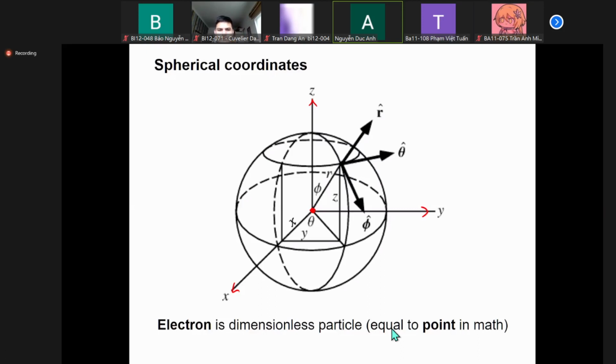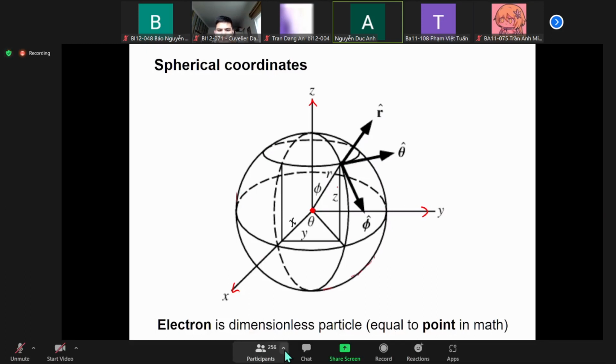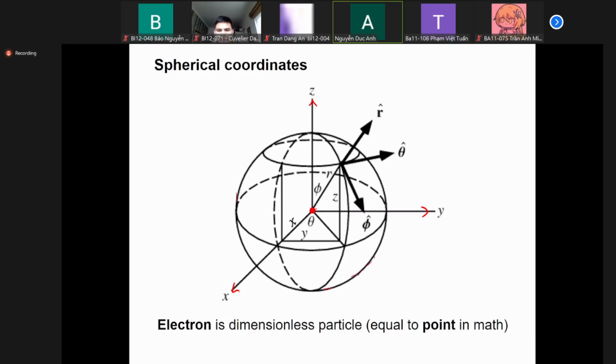Okay, on the other hand, for the spherical coordinate, actually we are considering the sphere, with the origin staying in the center of the sphere. Okay, and one position on the sphere like this will be represented by 3 values. Firstly, the radius, which is the distance between this point and the origin.